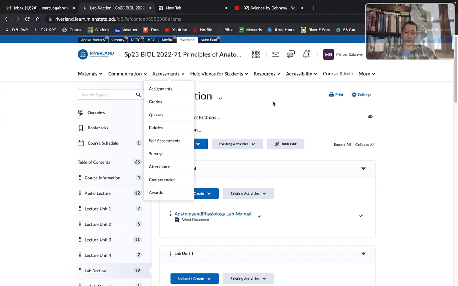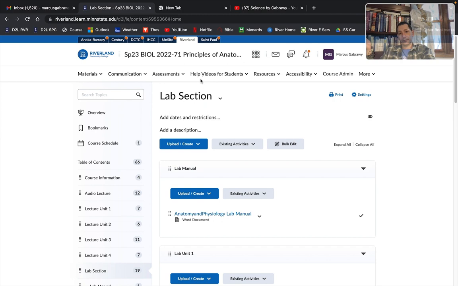It's just because we copy these D2L course shells from one semester to another, and when we change stuff, we keep stuff on there just in case. But if it's something that we didn't talk about, don't worry. It's not a 0. If it's not graded, it doesn't affect your grade.